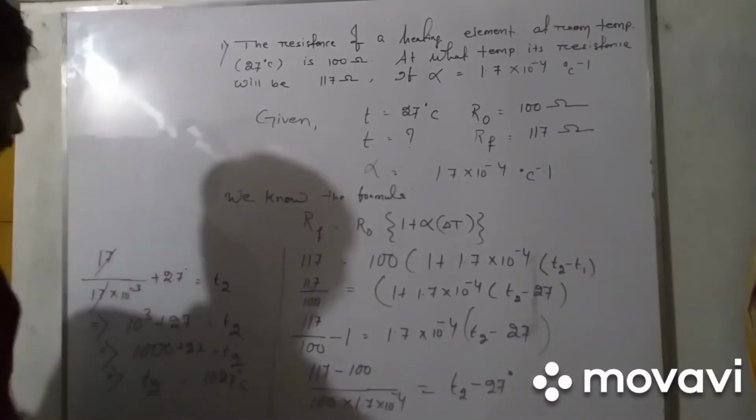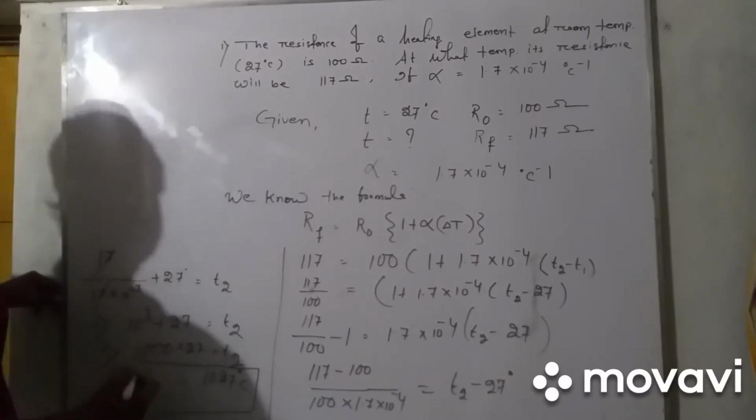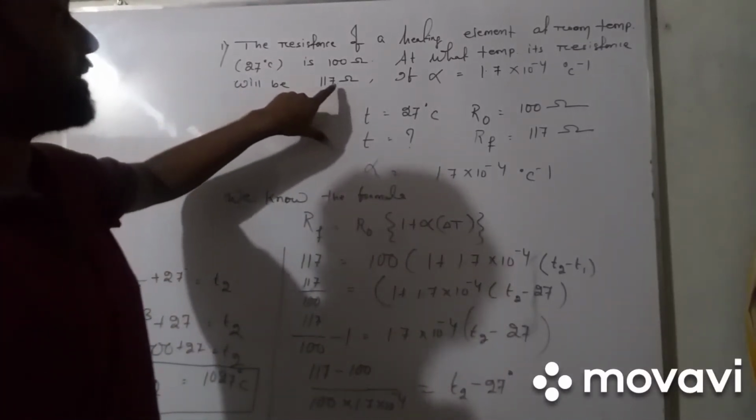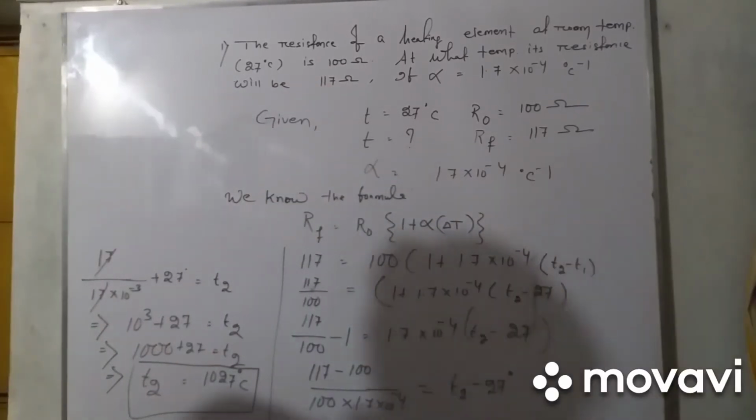So at that final temperature 1027 degrees centigrade, the final resistance is given by 117 ohm. Please note it.